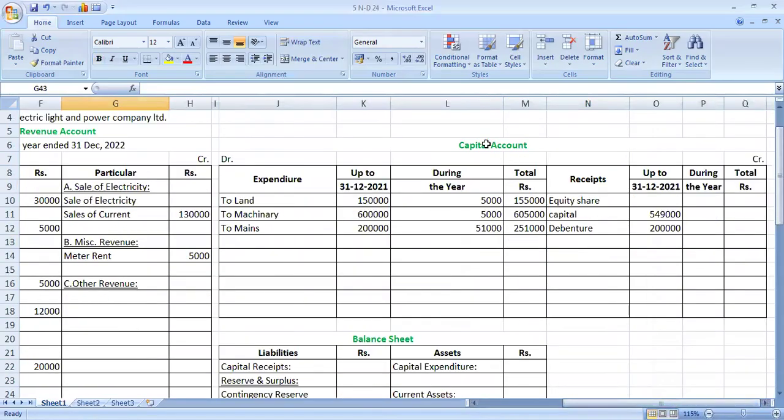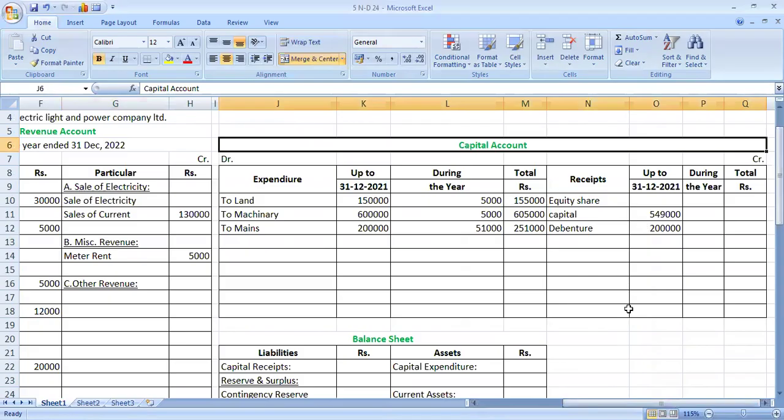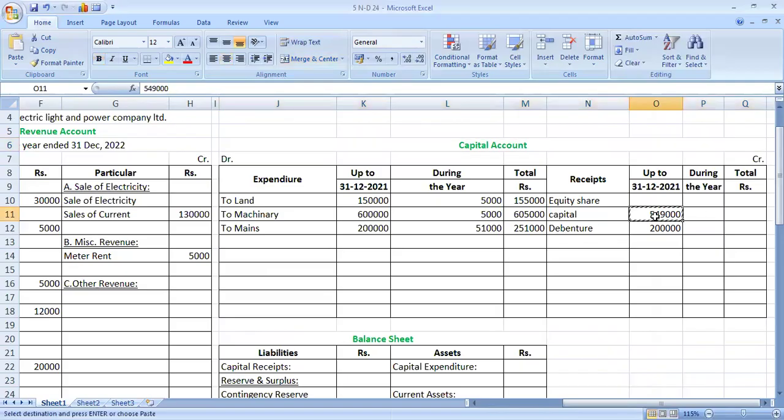Now I am closing capital account. Capital account receipt side, equity share capital up to 31st December 2021. After that, nothing is given. It means this amount should be taken as total amount.